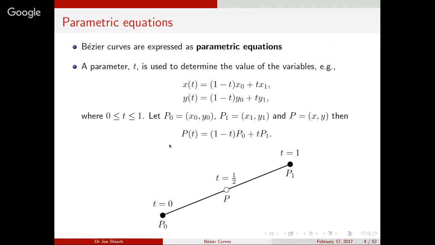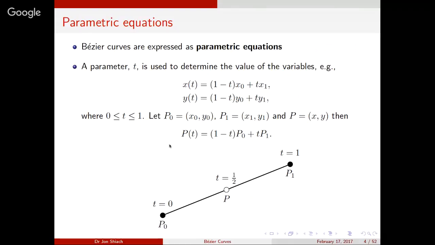Polynomials use parametric equations. You've seen these. The vector equation of a straight line is a form of a parametric equation. Essentially we have a parameter t, and that parameter t is a real number in the range 0 to 1, and we can determine the value of a point on our polynomial curve.